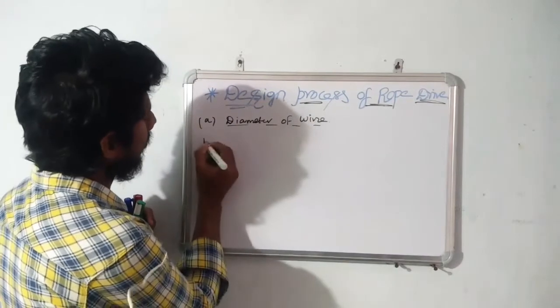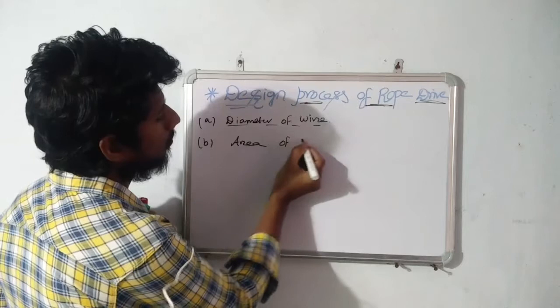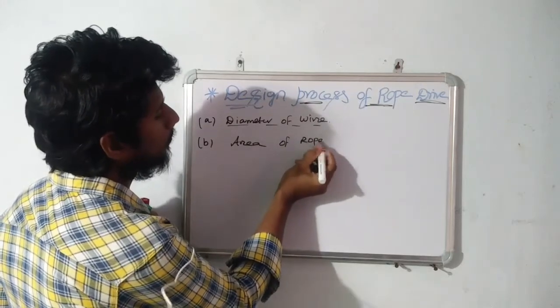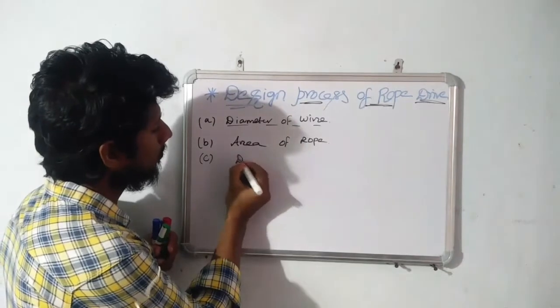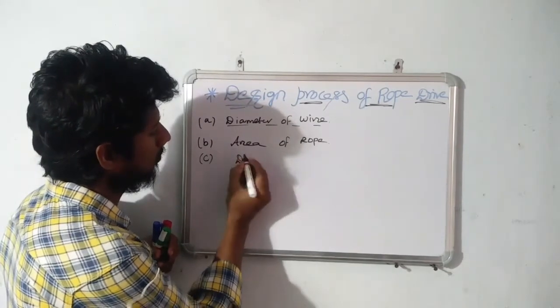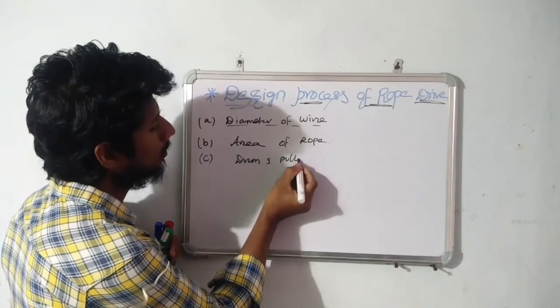Diameter of wire as well as area of rope, and finally drum and pulley diameter.